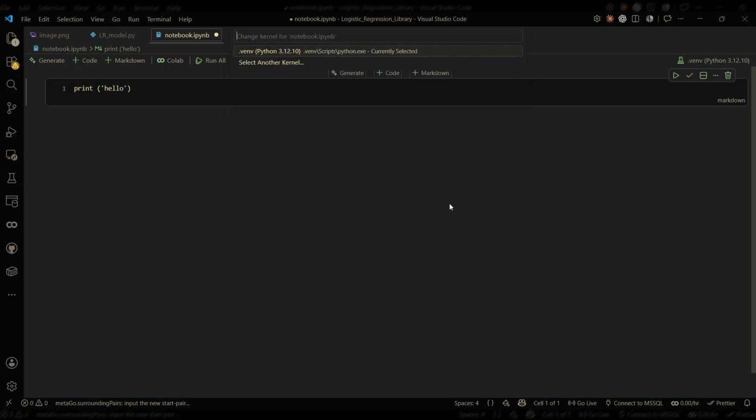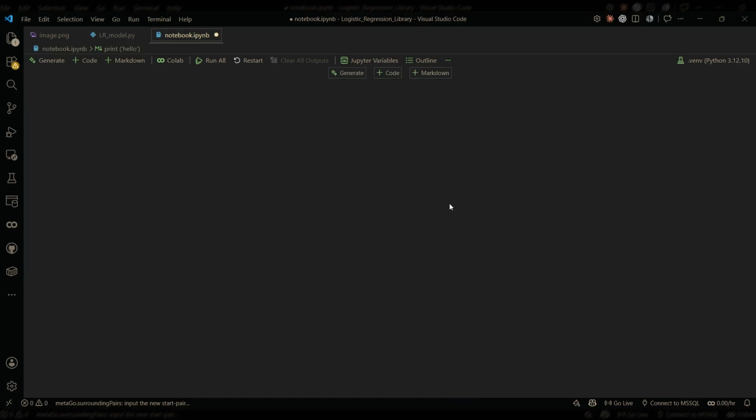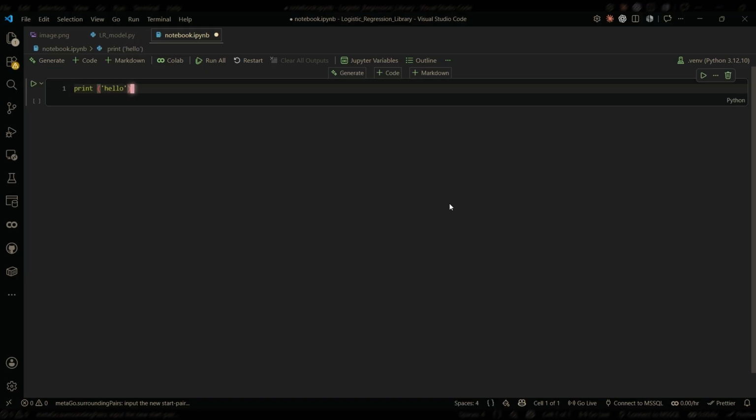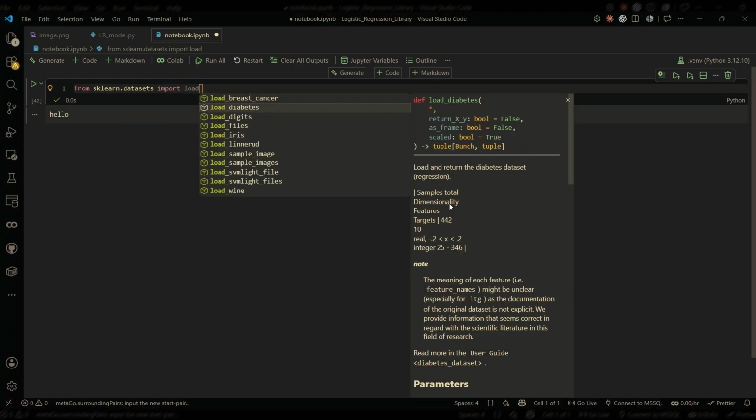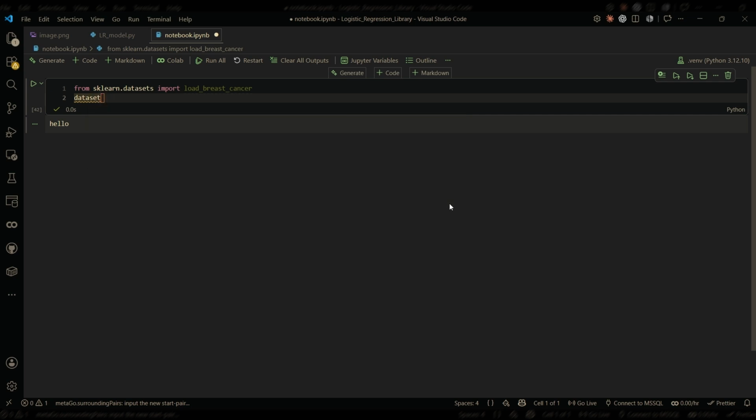Kernel, virtual environment. Okay, it's working. From scikit-learn datasets, import load_breast_cancer. dataset equals load_breast_cancer.